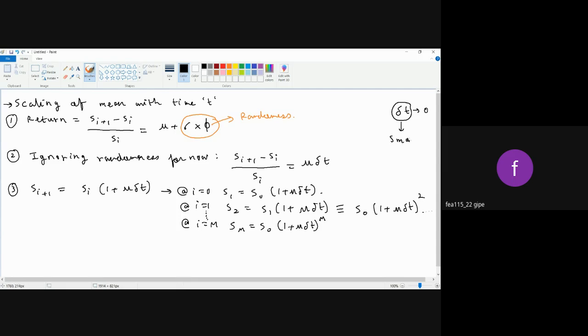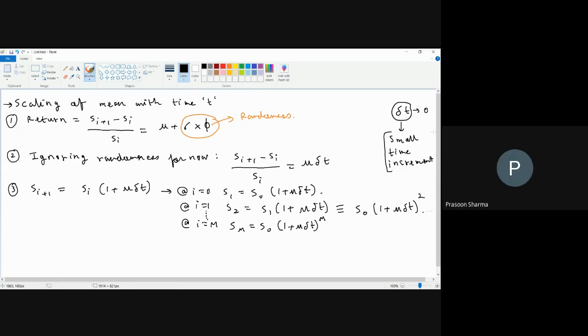The word small is very important, because we generally use a few simplifying assumptions based on this small time step. We'll talk a bit about that along the way. But that's a decent enough approximation which makes the modeling exercise easy. So having a very small time step is important.